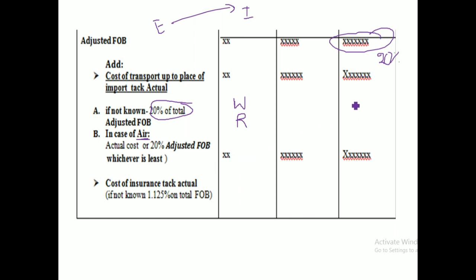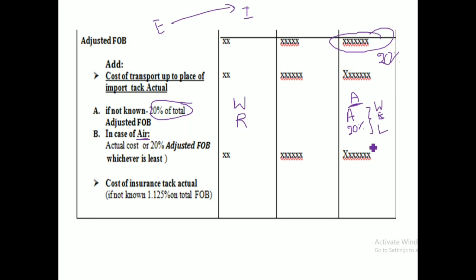Comparison has to be made in case of air transportation, that is, actual air transport freight or 20% of adjusted FOB. We just need to compare these two, and consider whichever is lower, or least.